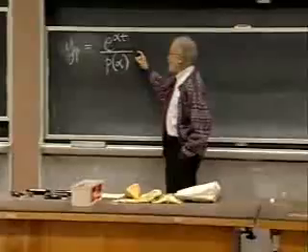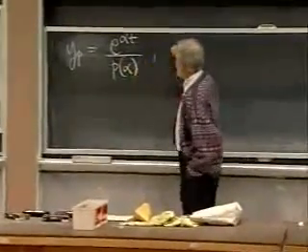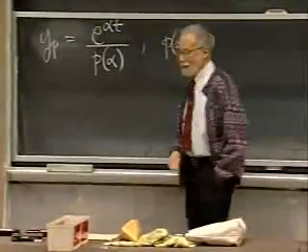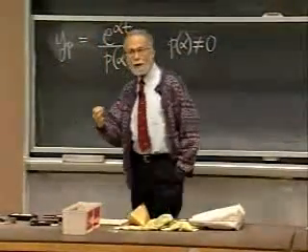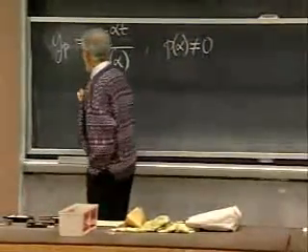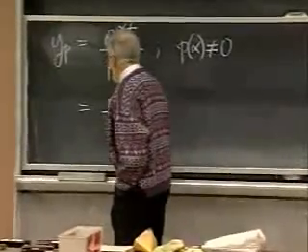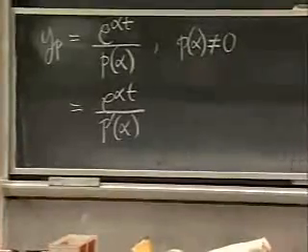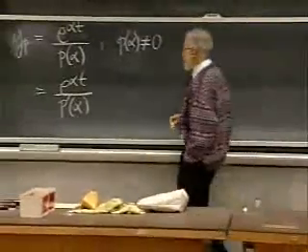Now, that's the formula for the particular solution. The only trouble is it breaks down if p of alpha is 0, so we have to assume that it's not. If p of alpha is 0, that means alpha is a root, a zero of the polynomial. So, in that case, it will be t times e to the alpha t divided by p prime of alpha. Differentiate formally the polynomial, so you'll get 2D plus a, and now substitute in alpha.